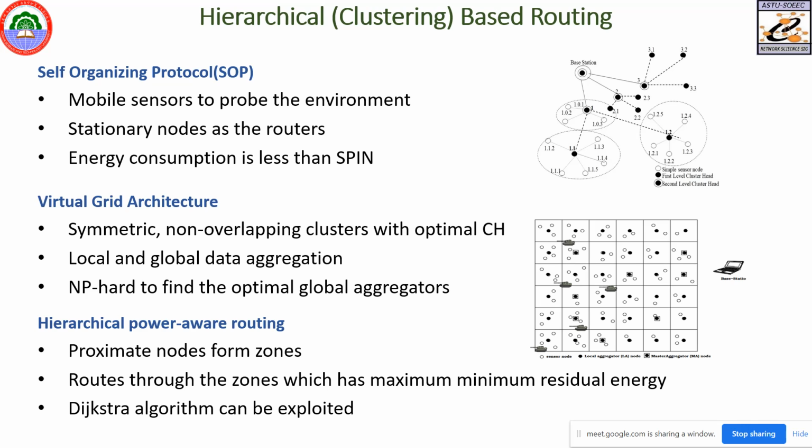In this, again, the data aggregation approach is used to maximize the network lifetime, because these nodes are stationary and have very low mobility in many applications of wireless sensor networks.